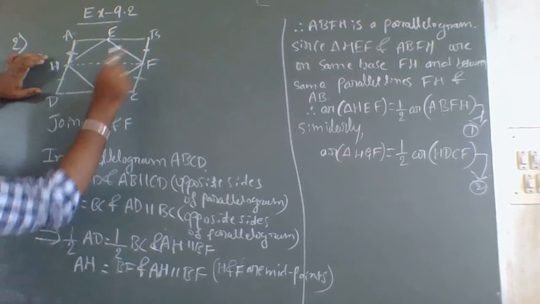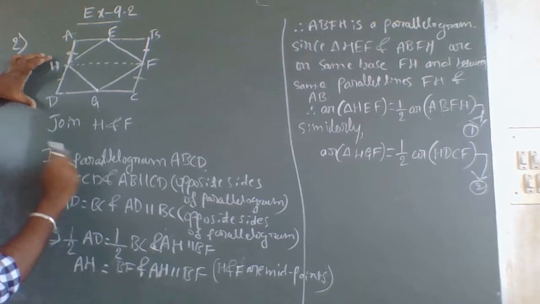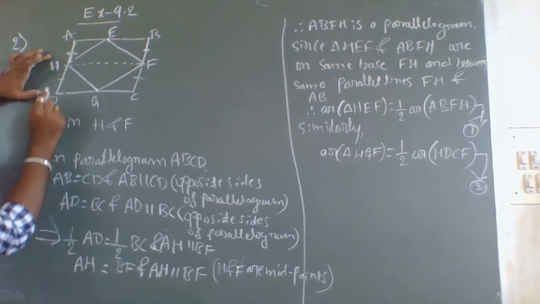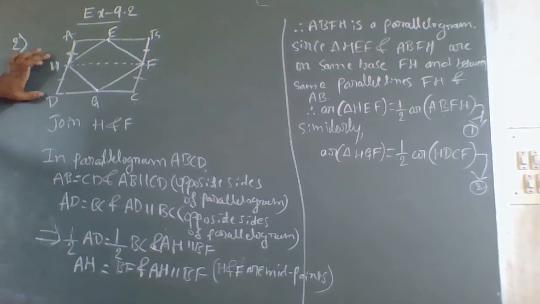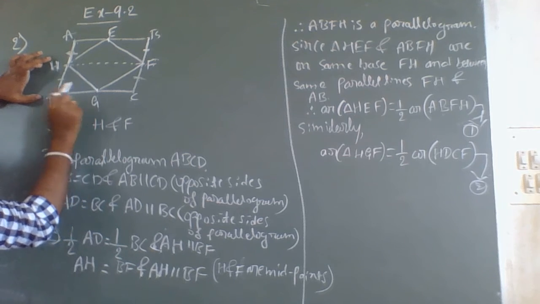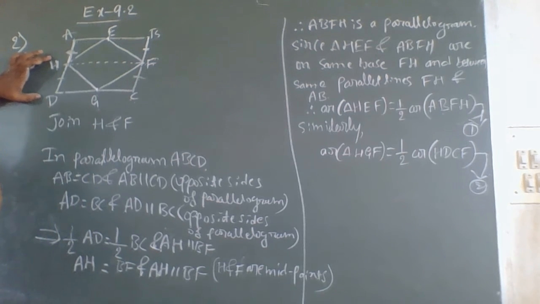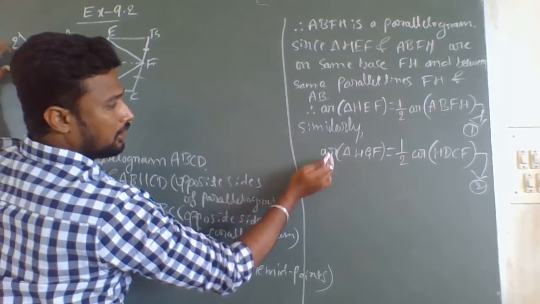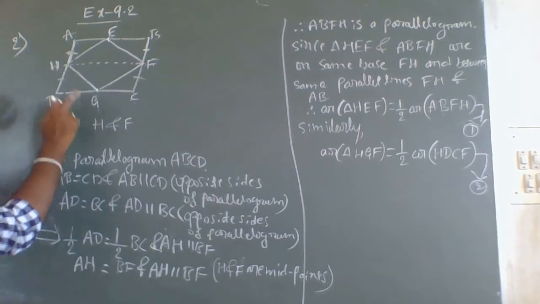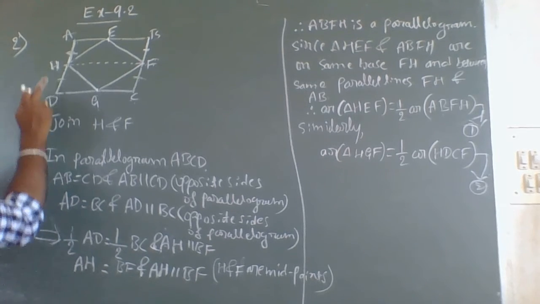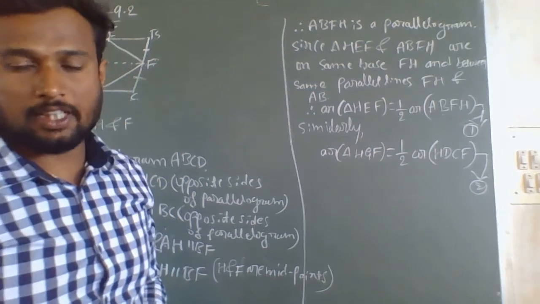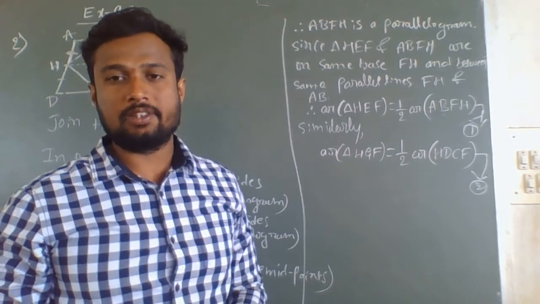So HFCD, or HDCF, is a parallelogram, and since triangle HDF and parallelogram HDCF are on the same baseline HF, and between the same parallel lines FH and CD, then we can write, I have written directly. Similarly, area of HGF equals half of the area of HDCF, because these two are between the same parallel lines and on the same baseline.